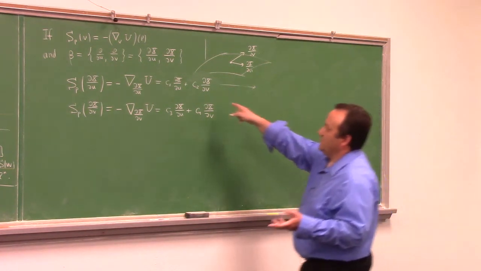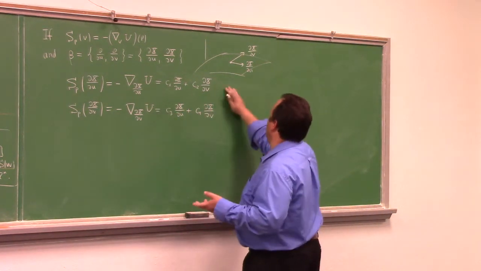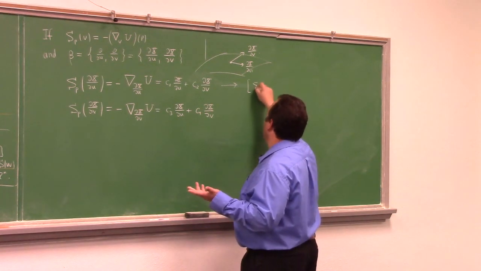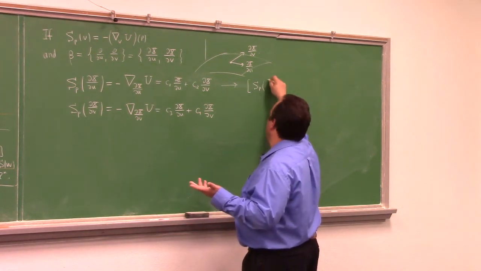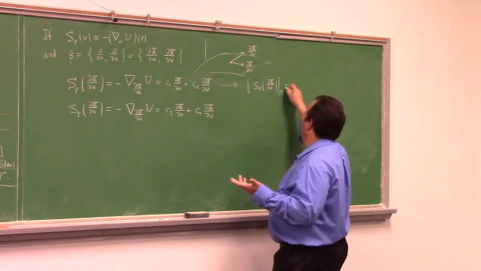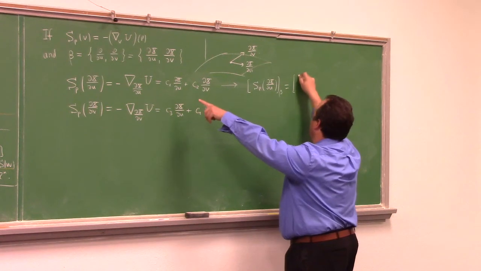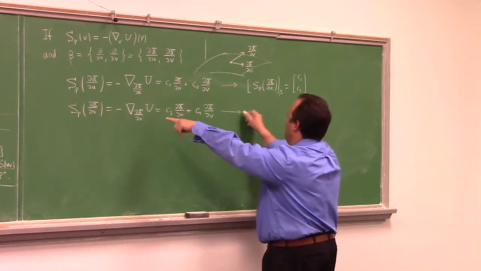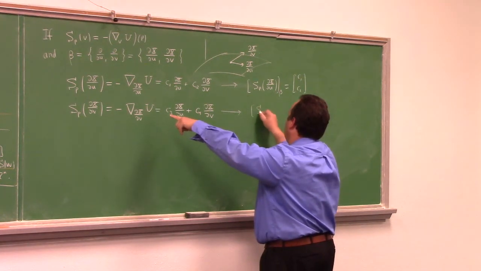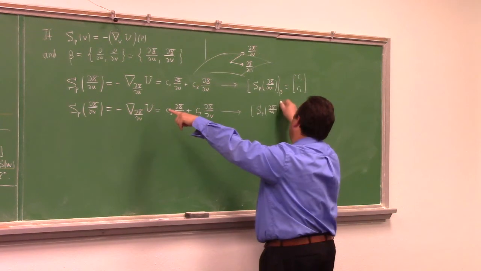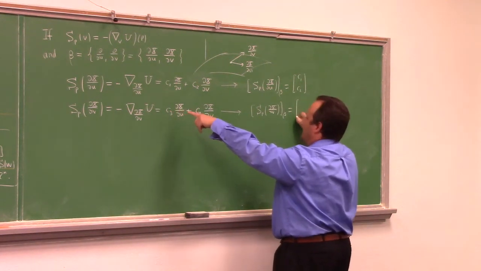Because if this was the case, then the coordinate vector with respect to the beta basis of the shape operator acting on the first basis element, partial x partial u, would be C1, C2. And if this was the case, the coordinate vector of the shape operator acting on the second basis element would be C3, C4.